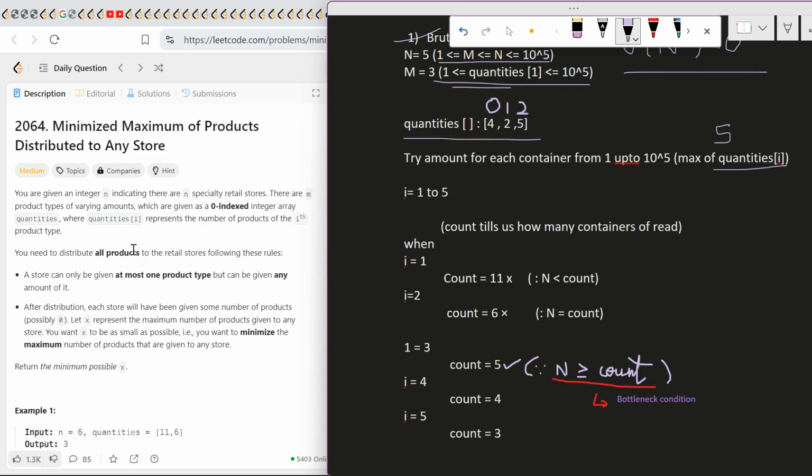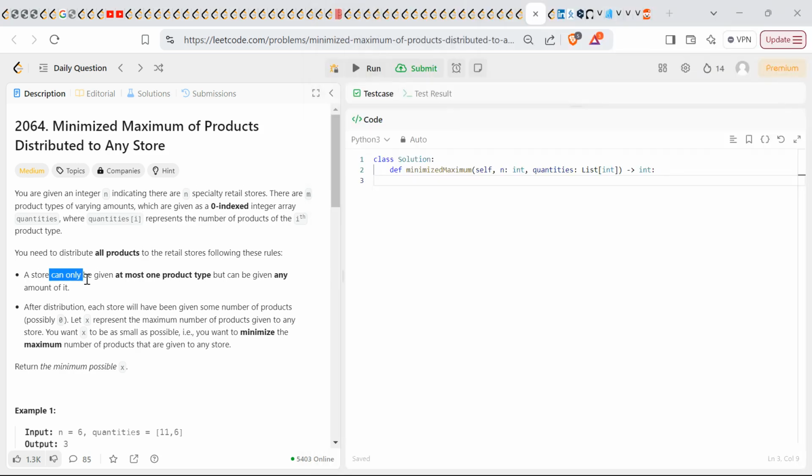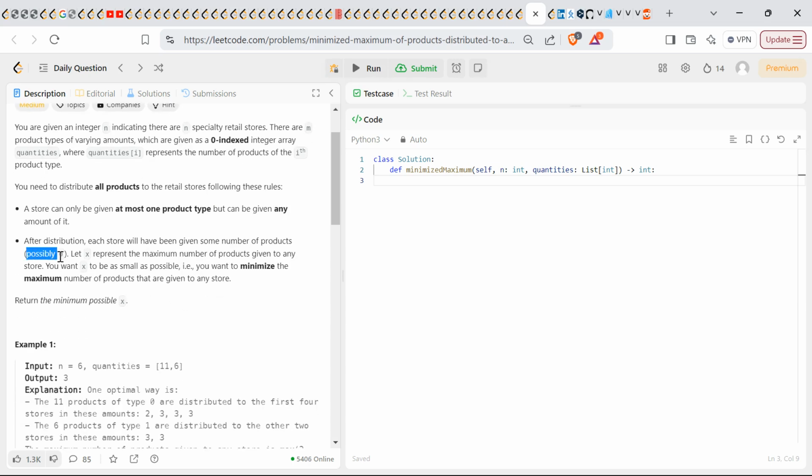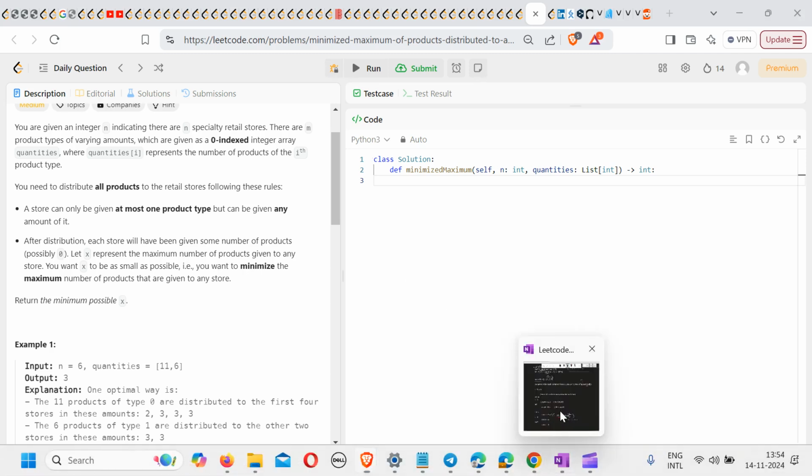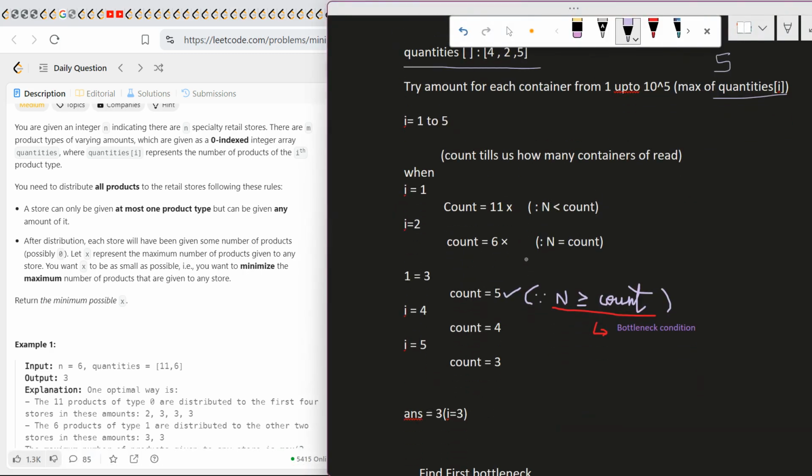Because it is given in the question that a store can only be given at most one product type, but can be given any amount of it. So that is why the maximum product type would be the limit here. And it can also contain zero products. So you would go from 1 to 5.